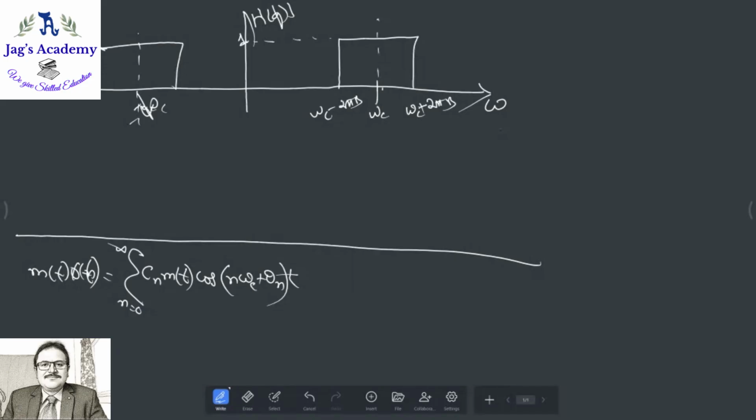Now, I told you to expand this, right? Now, when I expand this, it will become C0 into m of t, because cos of n, assume your theta n phase shift to be equal to 0, okay, for this cos term, plus, you understood why I am not having cos term here, cos 0, right?